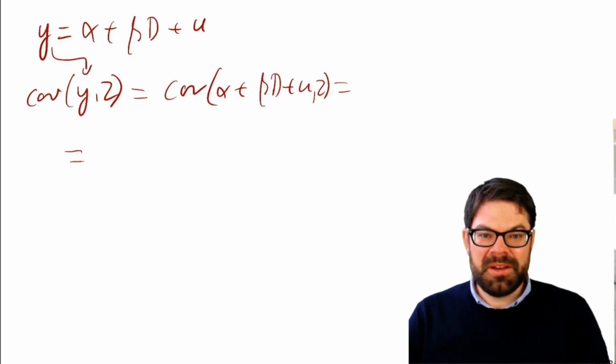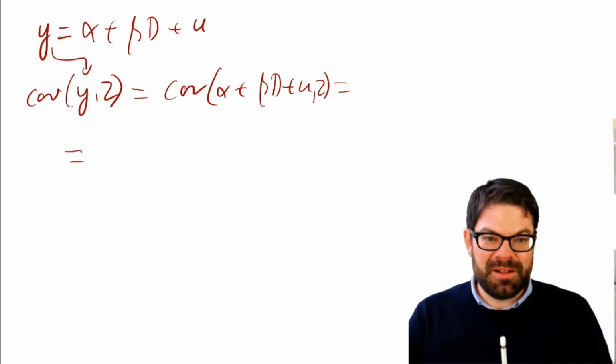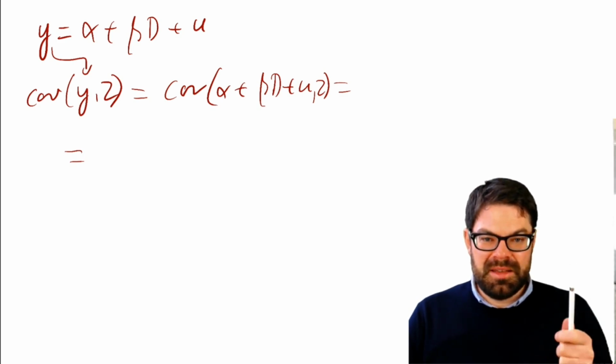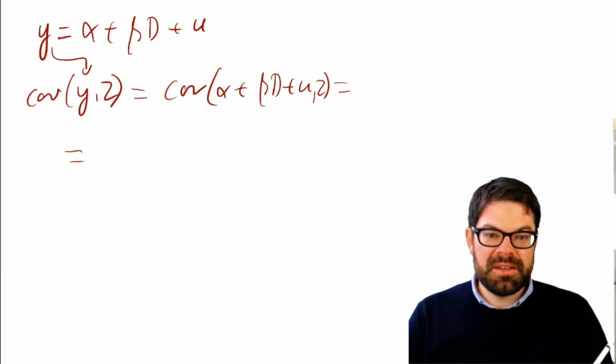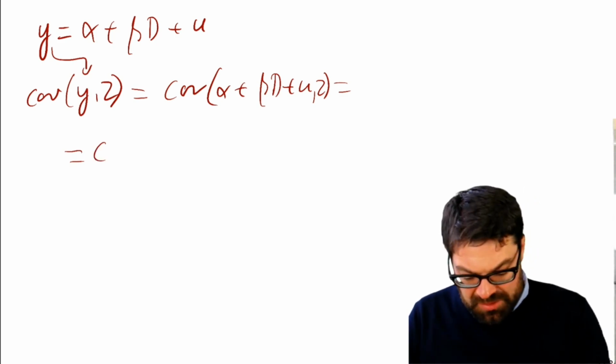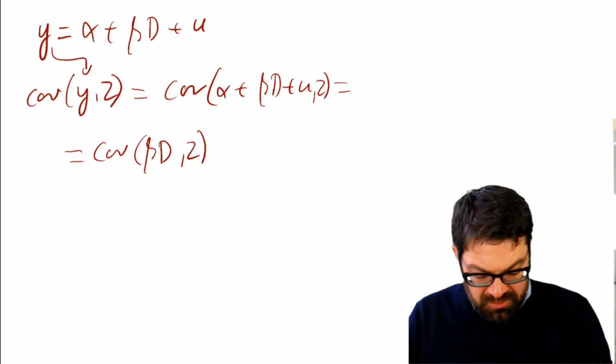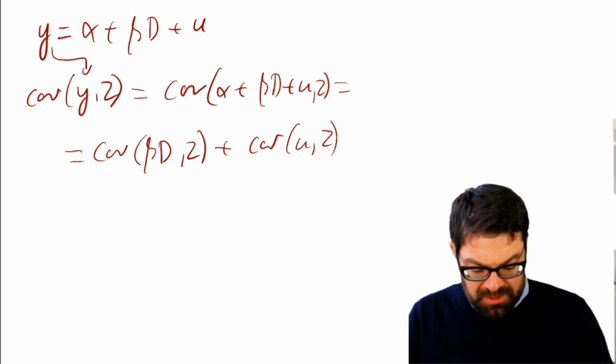Right? So the covariance between a scalar, which is alpha, the intercept, and the instrument Z is 0, so that we can just discard. So we have the covariance of beta D with the instrument plus the covariance of U and the instrument.